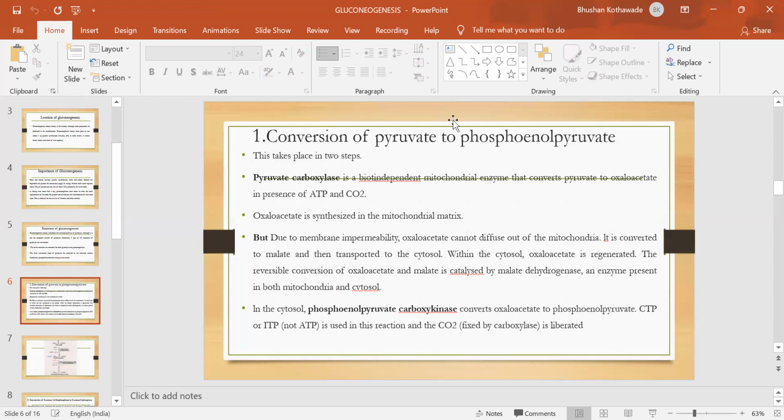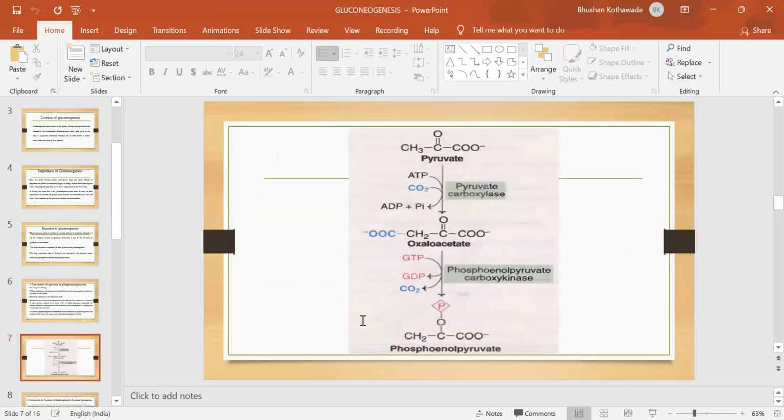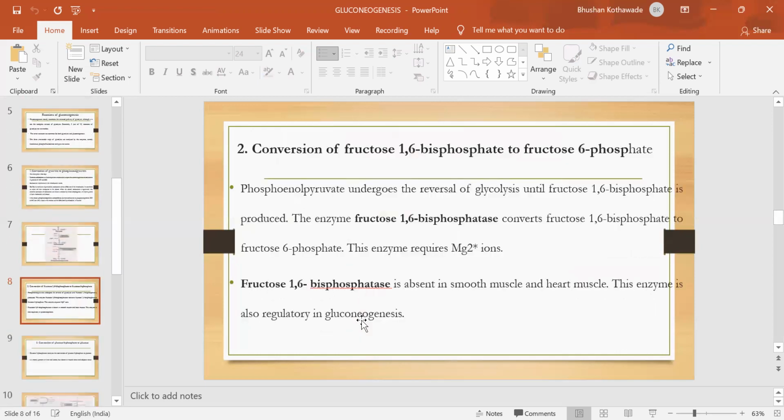Some part of this step occurs in the mitochondrial matrix, and some part occurs in the cytosol.